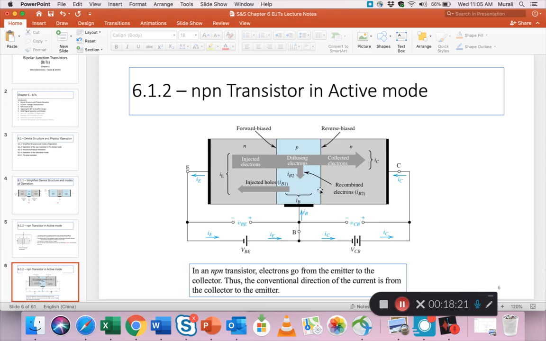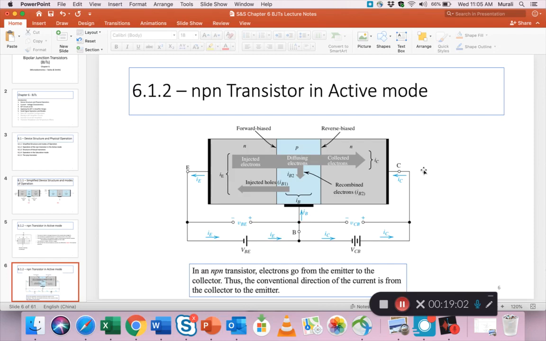So base current has two components, IB1 and IB2. Emitter current has only one component, IE, and collector current also has only one component, IC. So we have injected electrons, collected electrons, and diffusing electrons, which consist of recombined electrons and injected holes moving in this direction. All these currents are mostly movements of electrons but some holes in an NPN.